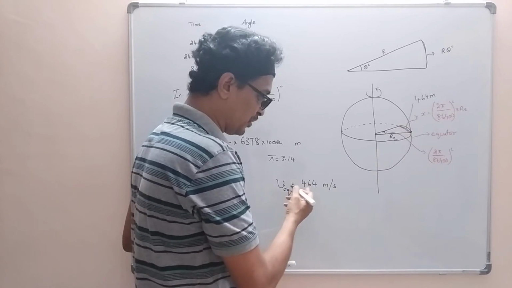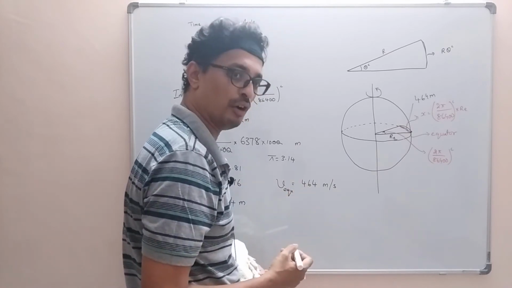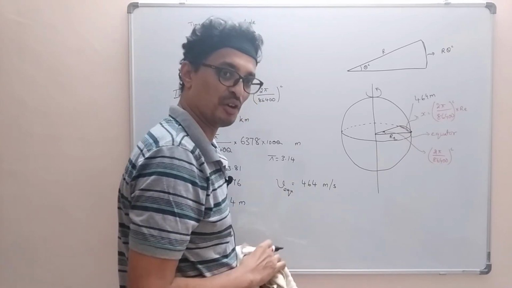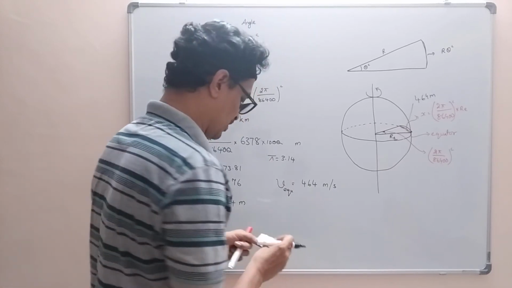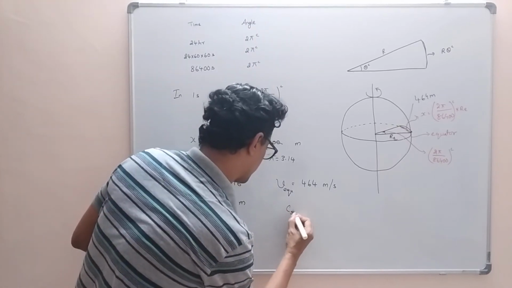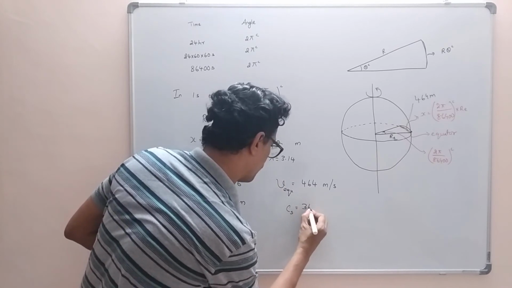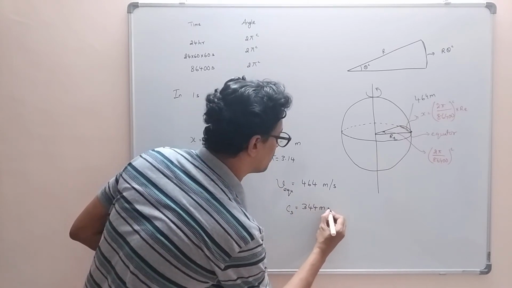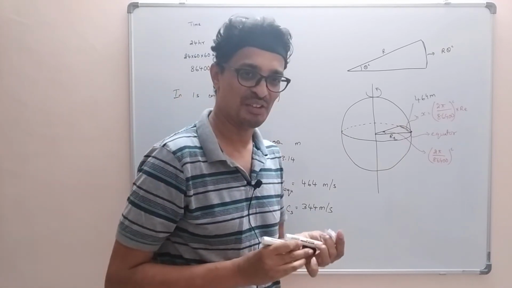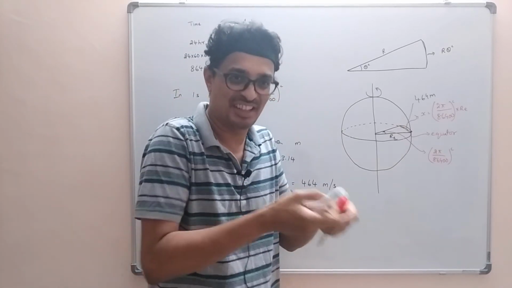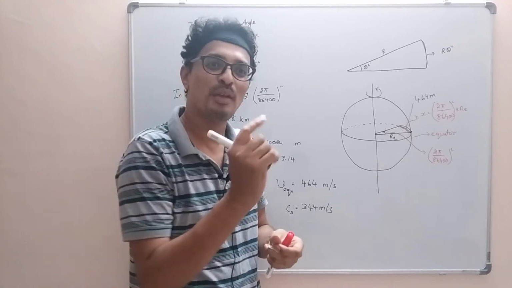Now can you think of the speed? 464 meters per second, how fast is it? You know what is the speed of sound? The speed of sound, Cs, is equal to 344 meters per second. So the one who is sitting at the equator is moving at a supersonic speed.